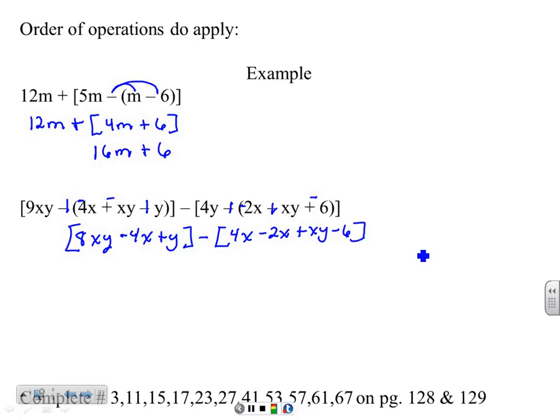Okay, so now we're going to again add the opposite, so we're going to change the signs here. And again, this is not mandatory, it's just easier to see. Now, combining like terms, we have an 8xy and a negative 1xy, which is going to be 7xy. And then this should be a y, negative 4y.